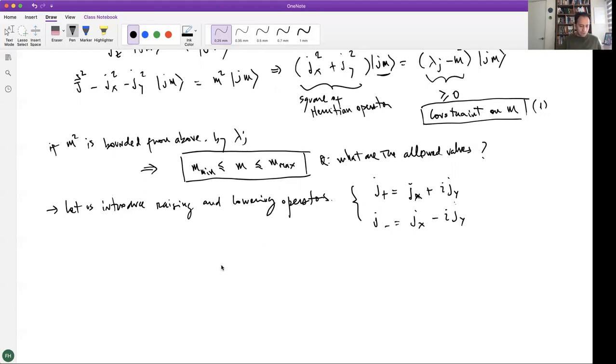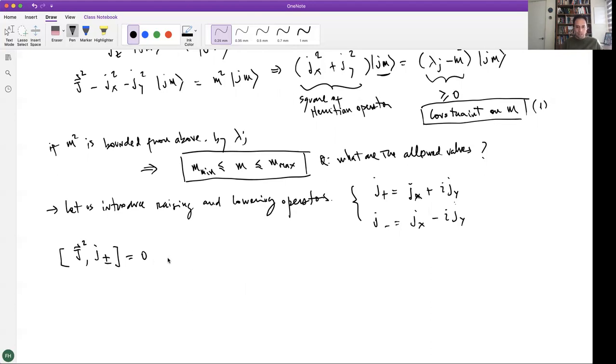Now, because you know the commutation relations between the different components of J and also J squared with the components of J, then you can derive commutation relations of things like this. So you have J squared commutation with J plus-minus, that's going to be equal to 0, because J squared commutes with both of these components.